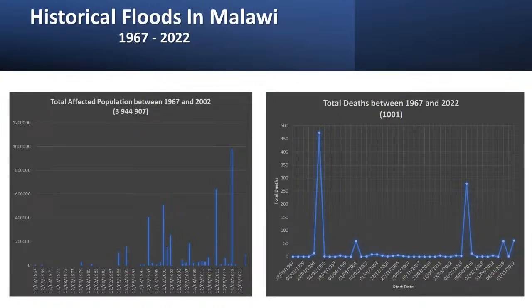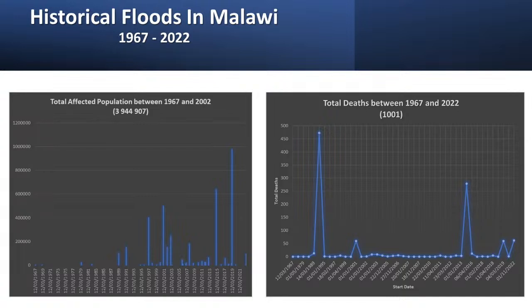Thank you. So, with the data that I got online about the flood events in Malawi from 1965 to 2020, there were, I think, 65 occurrences.